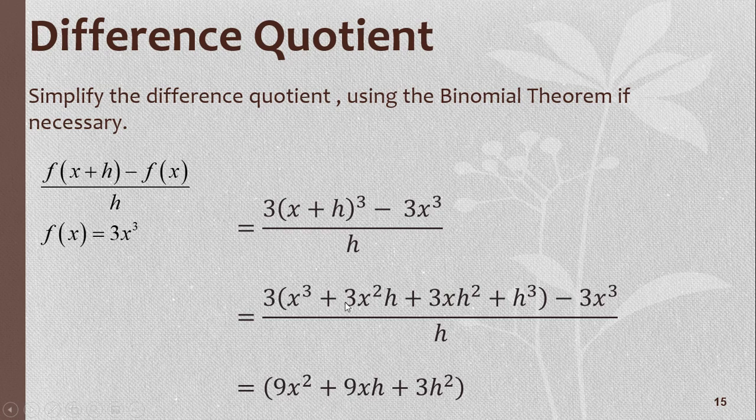If I multiply through by 3 here, I've got 9x squared h, so the h's cancel out there. Here the h squared and h, one of the h's cancel out, and here one of the h's cancel out. So I can reduce it to that. So again, this is something you're going to look at in calculus more next year, but this is just an application of binomial expansion here.